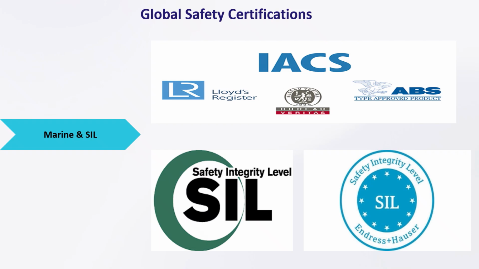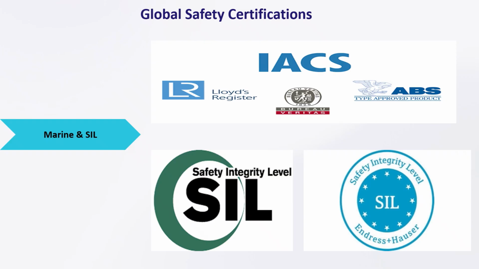Transmitters that are SIL-2 or SIL-3 certified ensure that they can provide dependable action, especially for emergency shutdowns, interlocks, and protection loops. These certifications ensure that equipment not only meets explosion protection standards, but also performs reliably in marine and safety-critical environments.